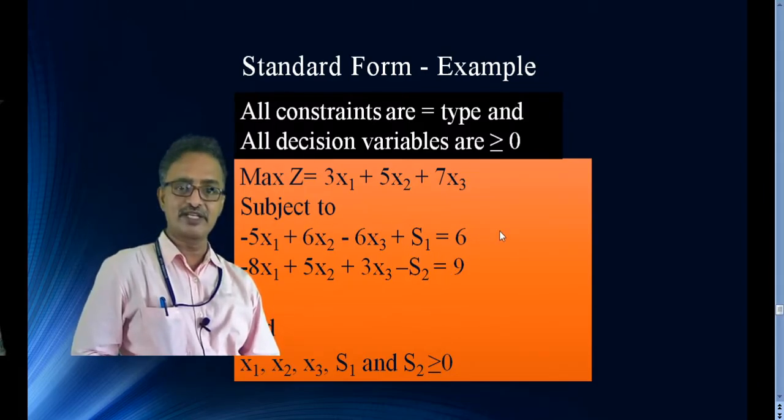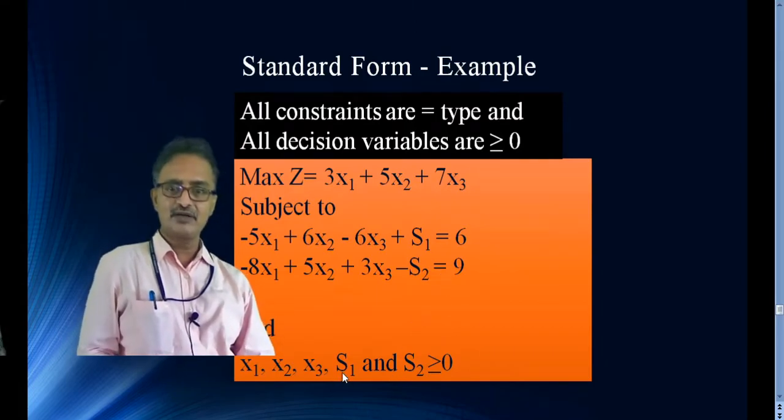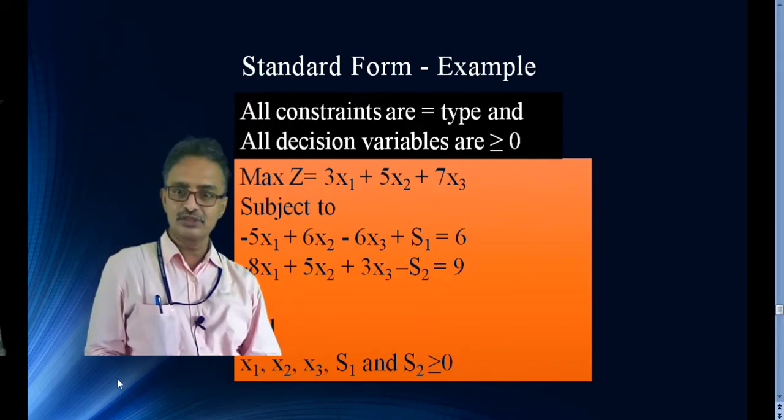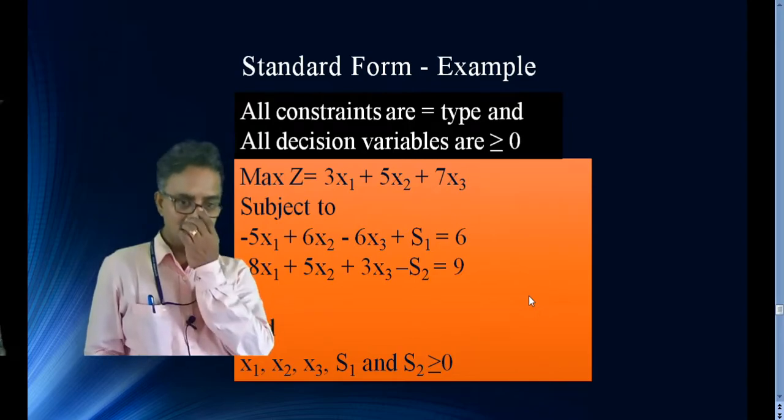The slack variable here is S1, the surplus variable here is S2. With that we have two additional variables in the formulation, S1 and S2. These are not contributing anything to the objective function, so if we need to place them, it is 0 S1 plus 0 S2 in the formulation, as we have seen in our earlier example.